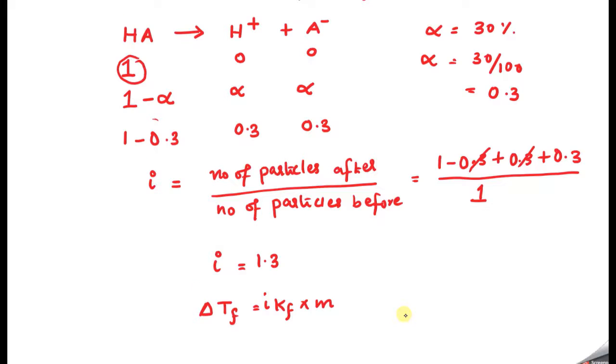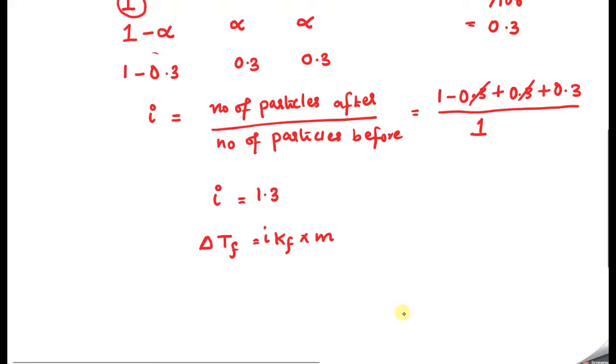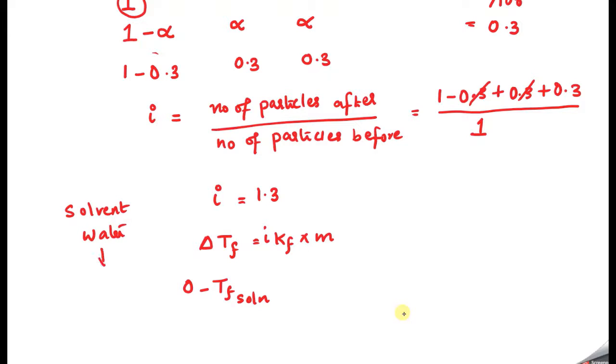So I can write this as 0 minus Tf of the solution, because it is depression in freezing point. For the pure solvent water, the freezing point is 0 degrees Celsius. Into that you are adding a weak acid, so its freezing point decreases, and that is called Tf of the solution.